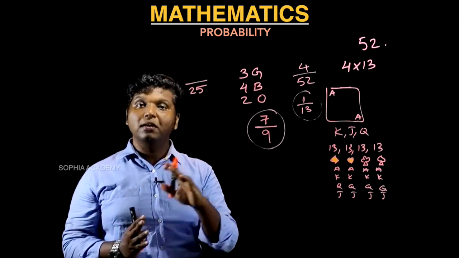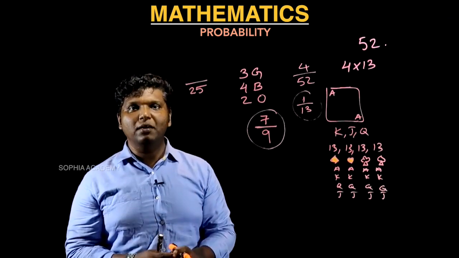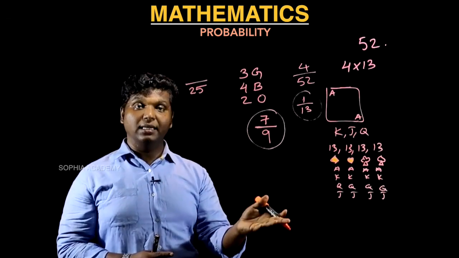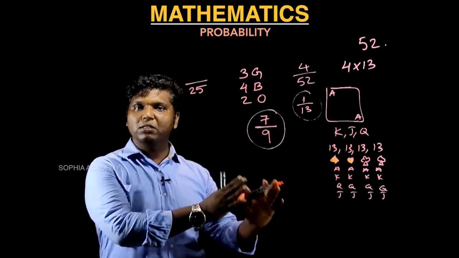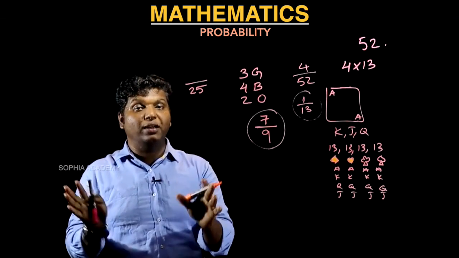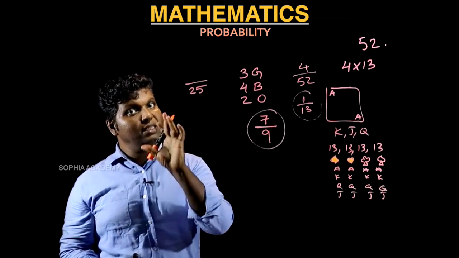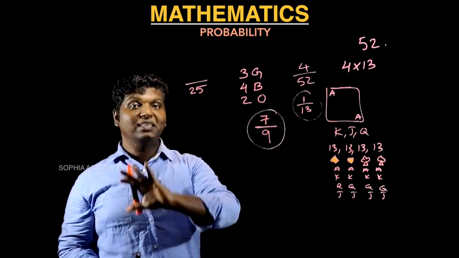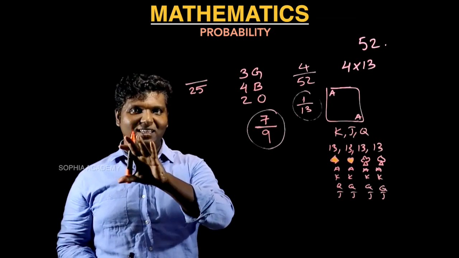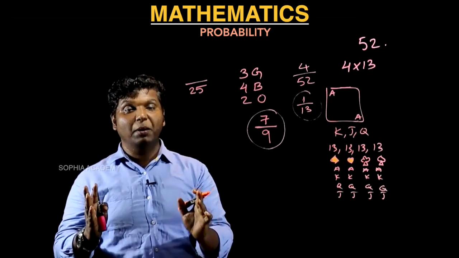Because 2 is a prime number, 3 is another prime number, 2 3s are 6. So indirectly they are asking you to find the probability that the card which is drawn should be divisible by 6. That's the original question, but they just twisted it. A number divisible by both 2 and 3 means that the number is divisible by 6.